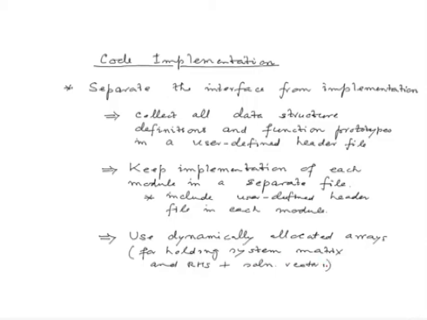So we are not going to limit the size of array statically, it won't be known at compile time, it would be allocated based on the number of grid nodes we would actually specify.